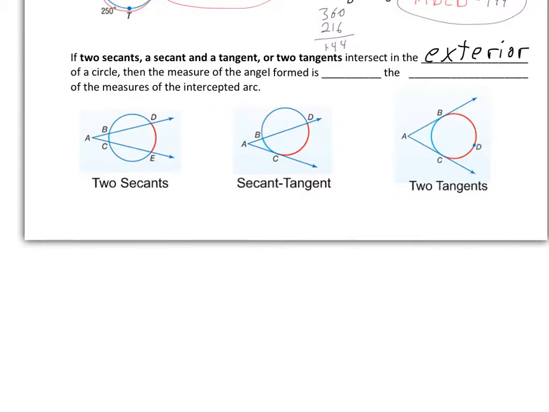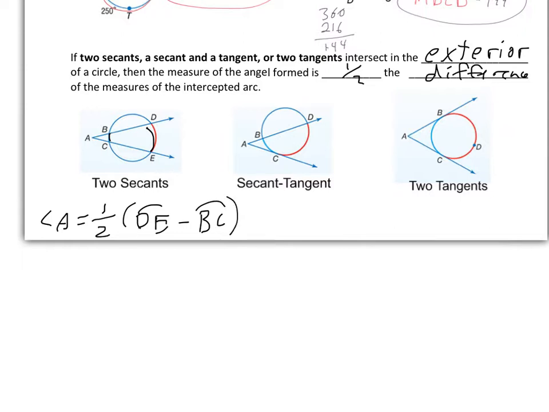Then the measure of the angle formed is 1/2 the difference. So, for instance, here we would say that angle A is equal to 1/2 the difference of the intercepted arcs: you take the larger arc, DE, you subtract the smaller arc, BC.